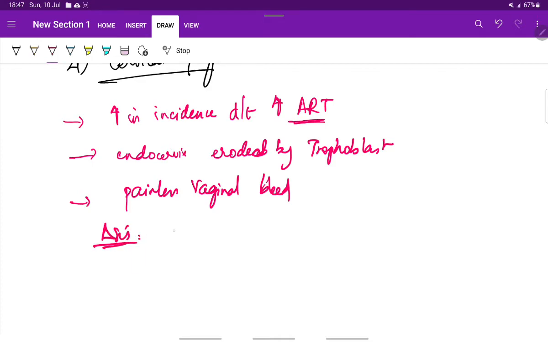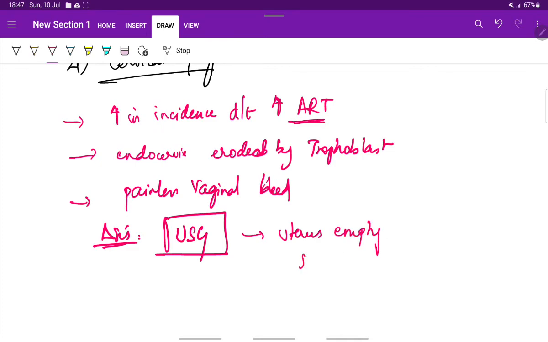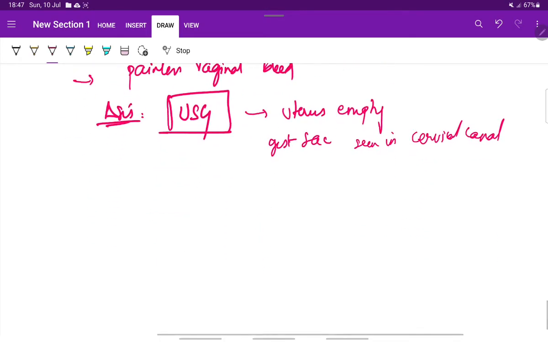Diagnosis is by the ultrasound abdomen, where the uterus is empty with the absence of gestational sac, and the sac is seen in cervical canal. And the treatment is usually surgical.